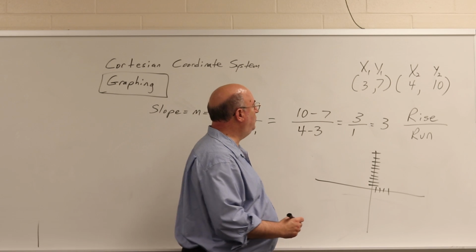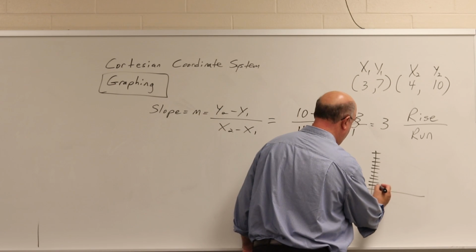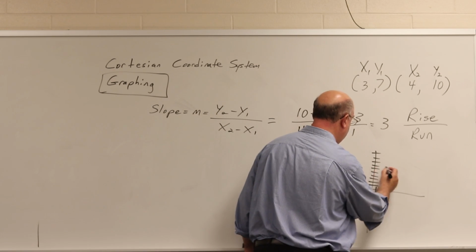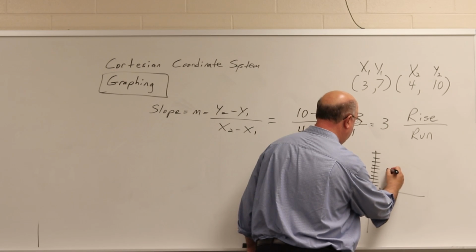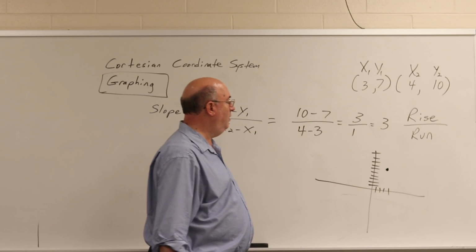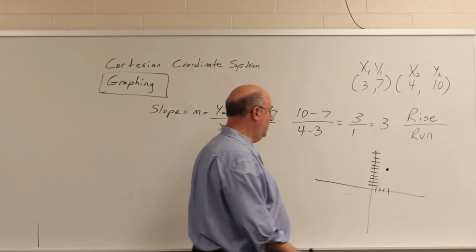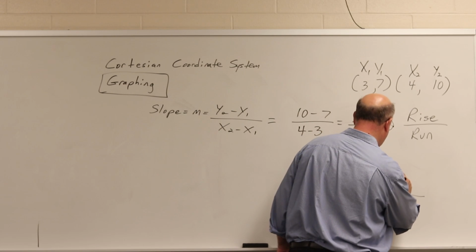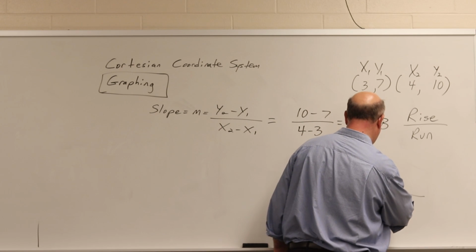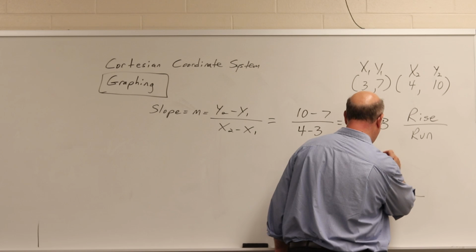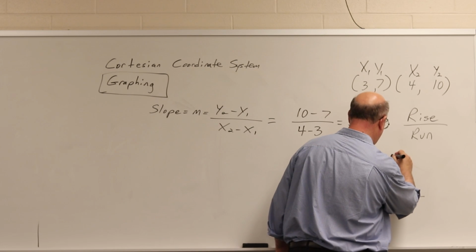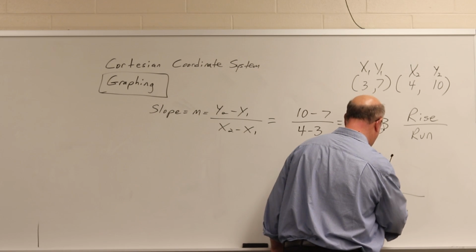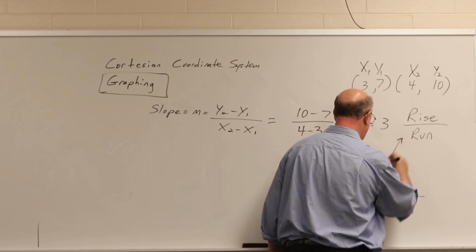So x is 3, y is 7. 1, 2, 3, 4, 5, 6, 7. Somewhere around there. And when x is 4, y is 10. You have to be good at counting and stuff like this. So it's something like that.